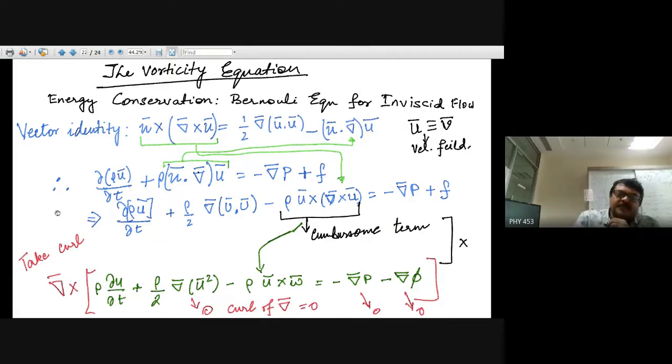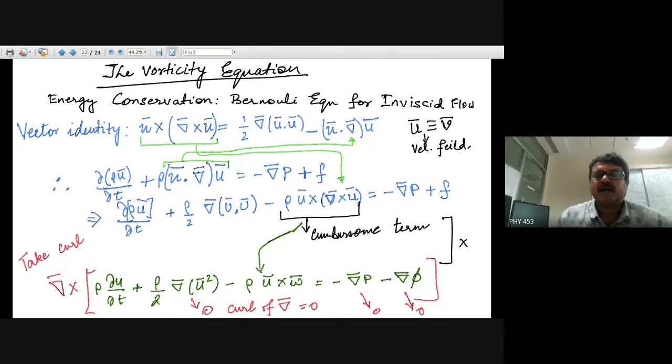In the past, we did a dot product of this entire equation with u to drop this term. But now we want the curl of u. We are not dropping that term, because we want to write down the same velocity field equation in terms of a vorticity equation. So we are keeping this term intact and instead taking a curl of this entire equation.